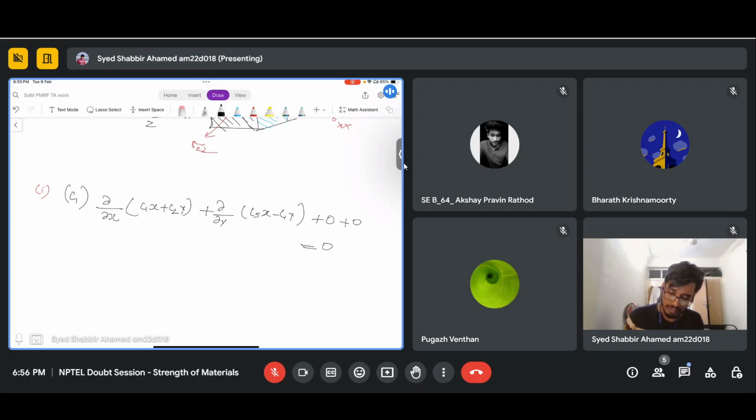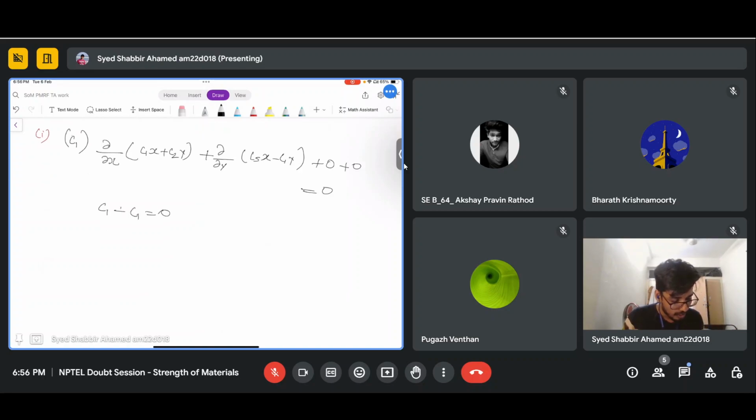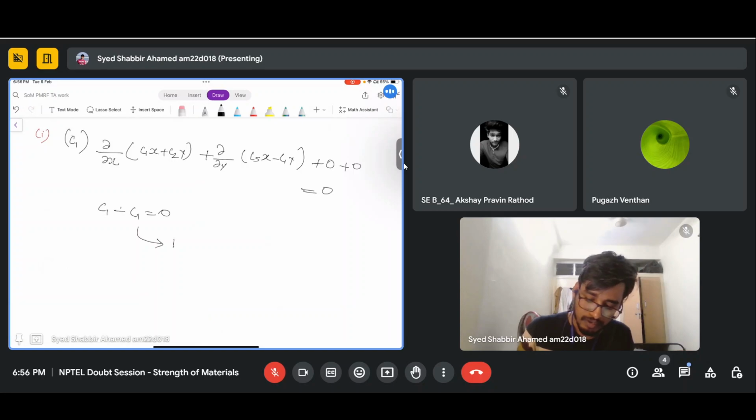It should be equal to 0. By this differentiation I'll get c1, and again I'll get c1 minus c1 equals 0. So the first equation has been satisfied. C1 minus C1 equals 0. So left hand side is equal to the right hand side.